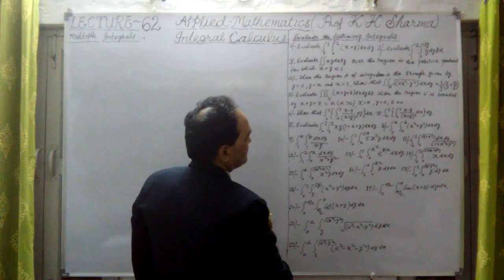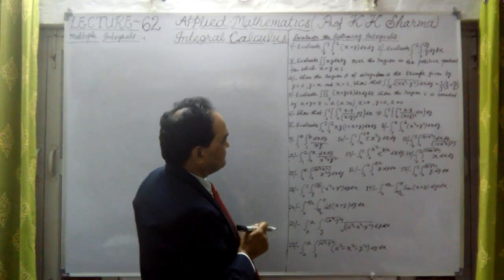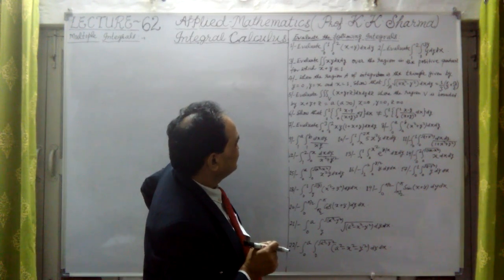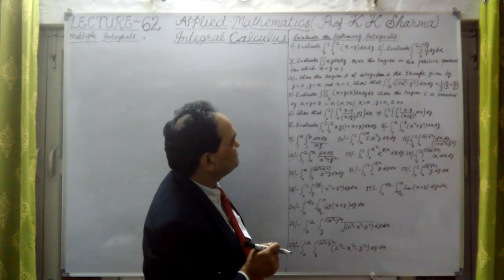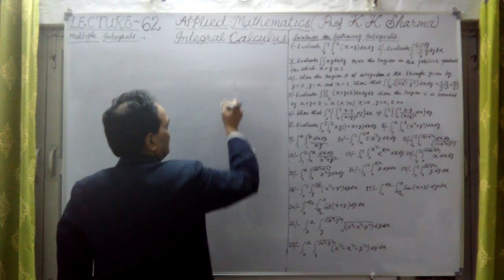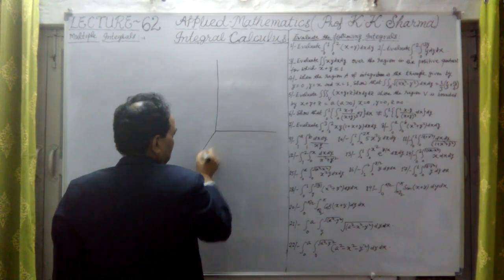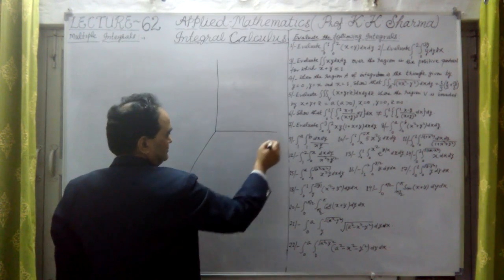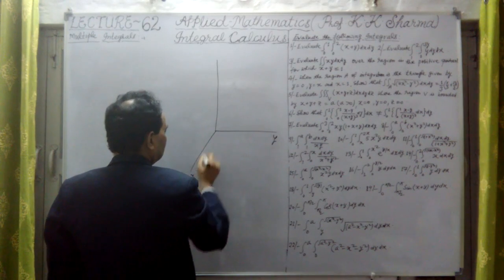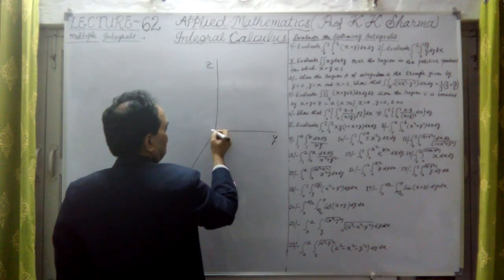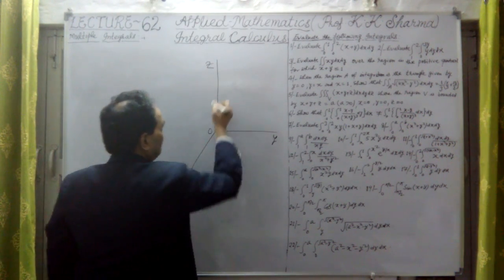So this is the figure which is tetrahedron type. Let me take that figure as a tetrahedron, a 3-dimensional figure. This is the y-axis, this is the x-axis, this is the z-axis, and this is the origin here.